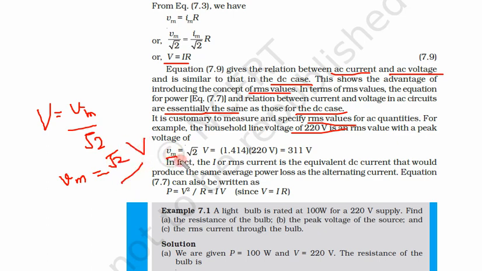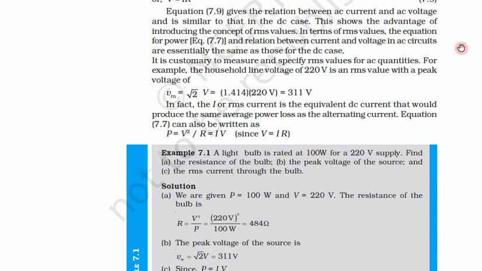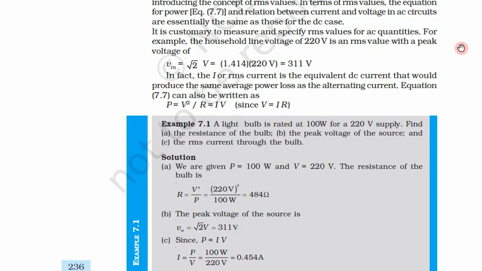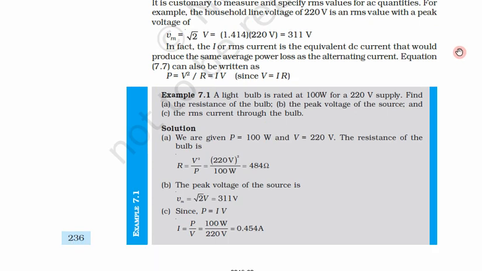V maximum is equal to under root 2 of V. Under root 2 is 1.414 into 220 volt, so we get 311 volt. So the 220 volts that is coming in our homes is the RMS value of voltage. But if we want to calculate the maximum voltage, that is 311 volt.